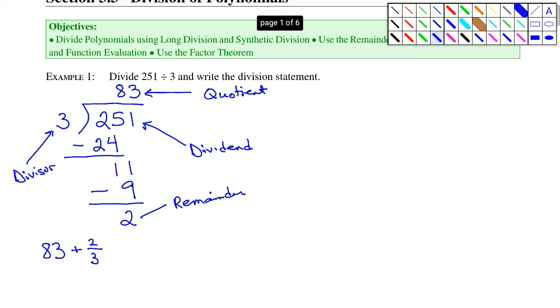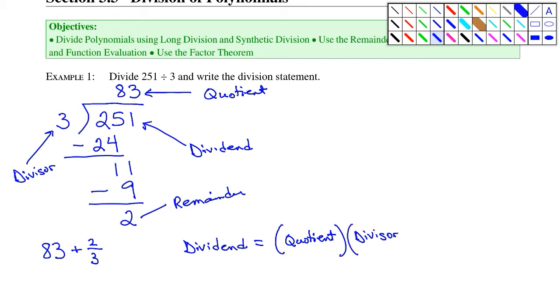And then it says, write the division statement. Well, the division statement is actually in this general form. It's the dividend is equal to the quotient multiplied by the divisor plus the remainder.